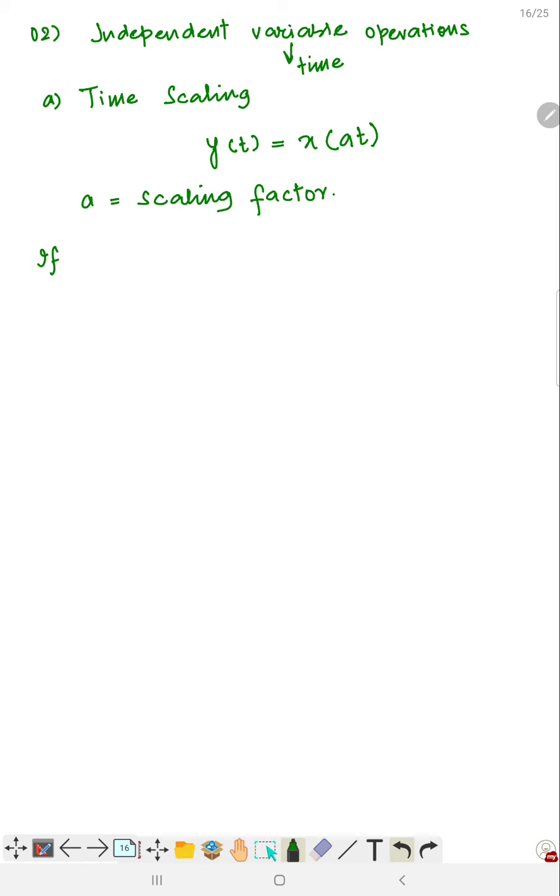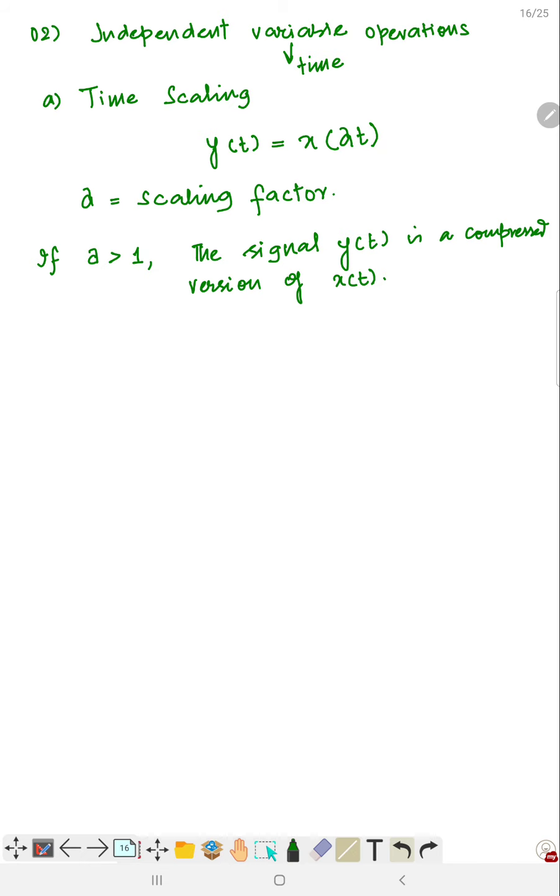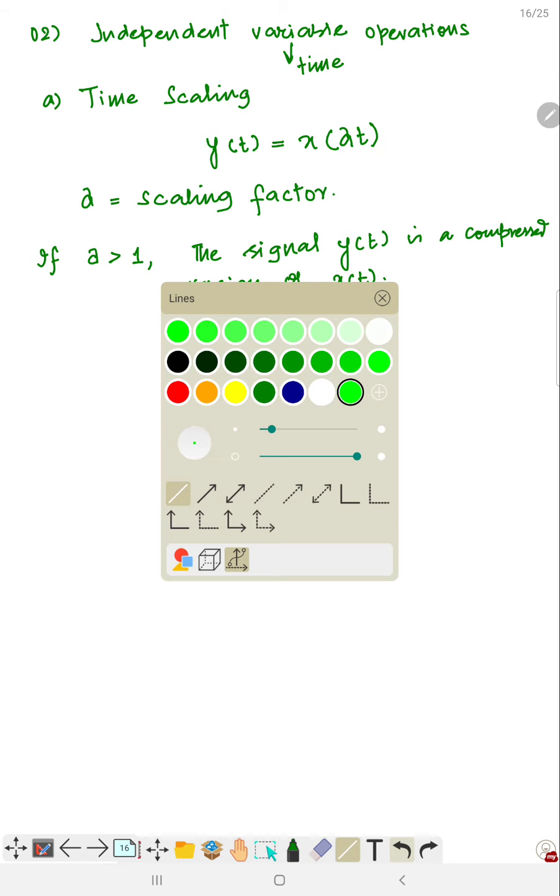If the scaling factor a is greater than 1, then the resulting signal y of t is actually a compressed version of the original signal x of t. Fine. And I can easily show it by means of a waveform.